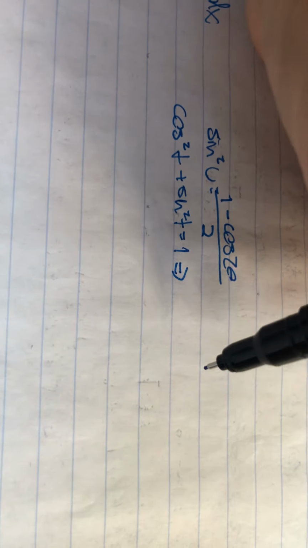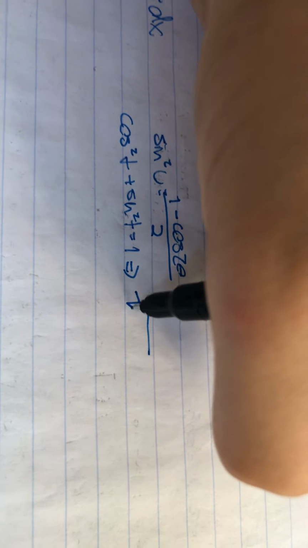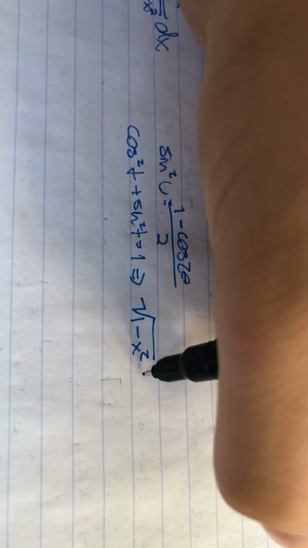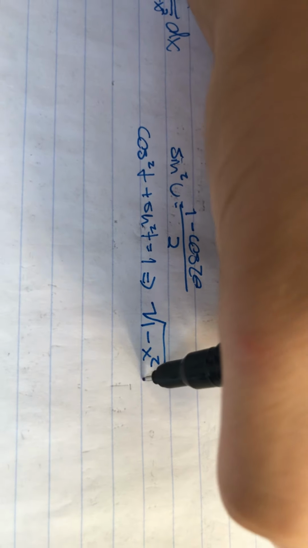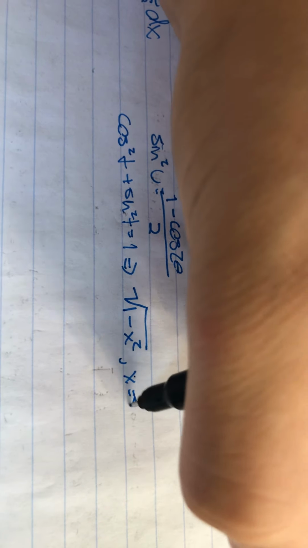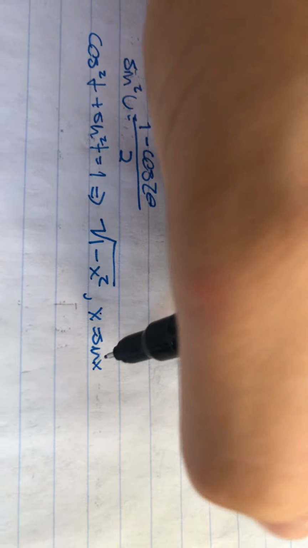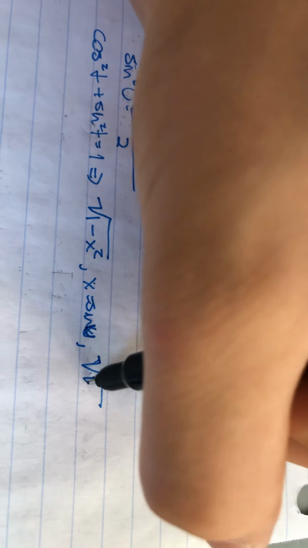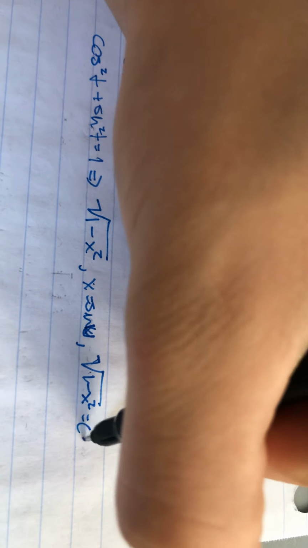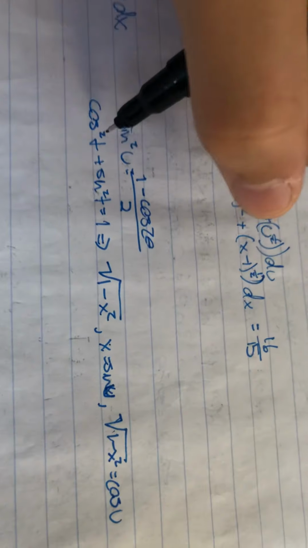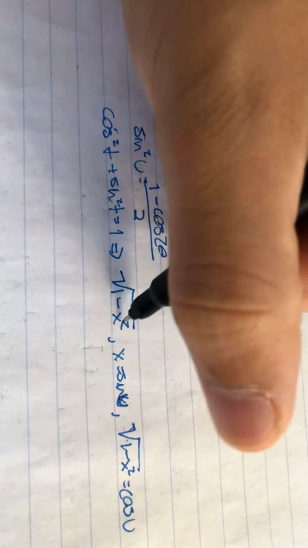That means that when you have it in the form of 1 minus x squared, we can say that x equals sine of u, and that would mean that the square root of 1 minus x squared would equal cosine of u, because when you solve for this, you get it in this form.